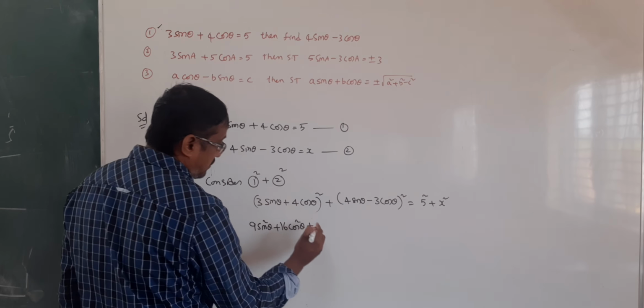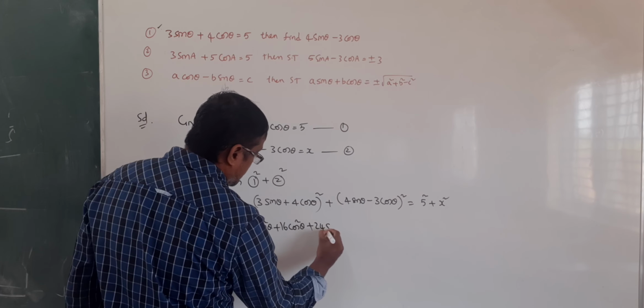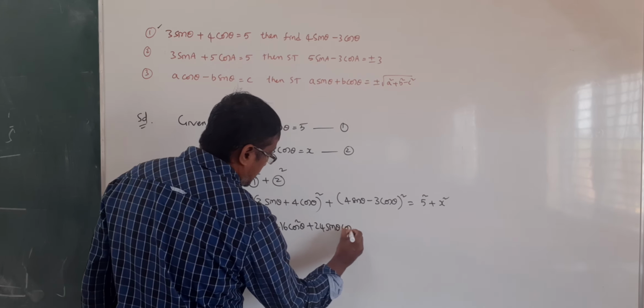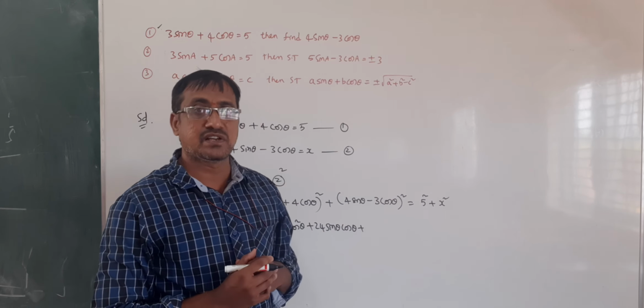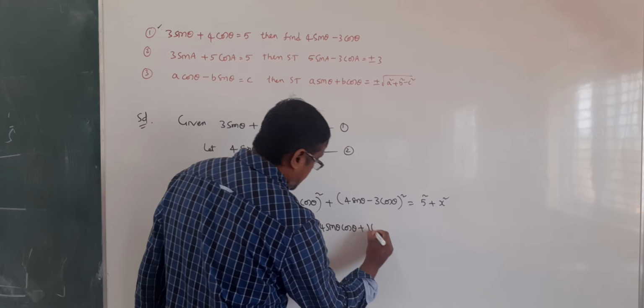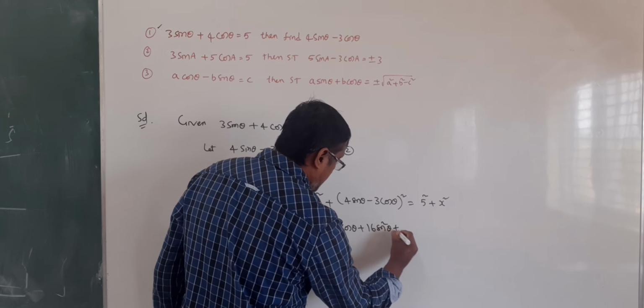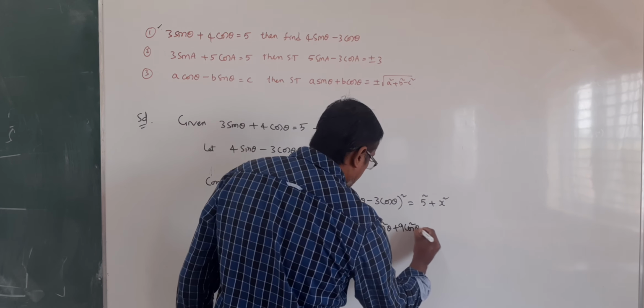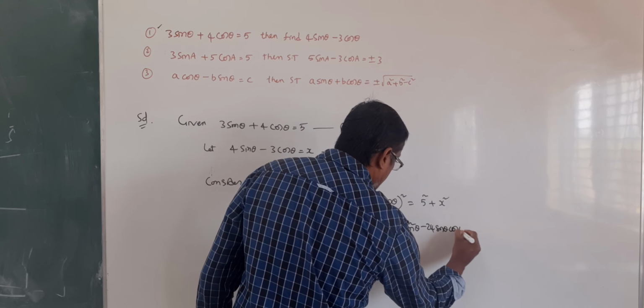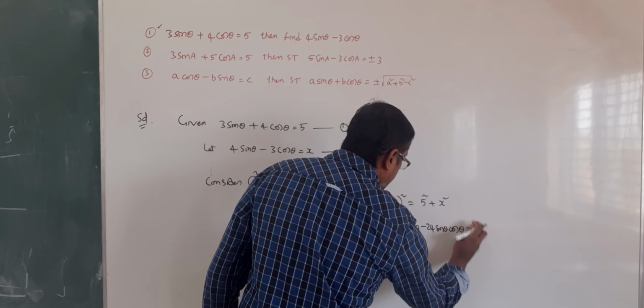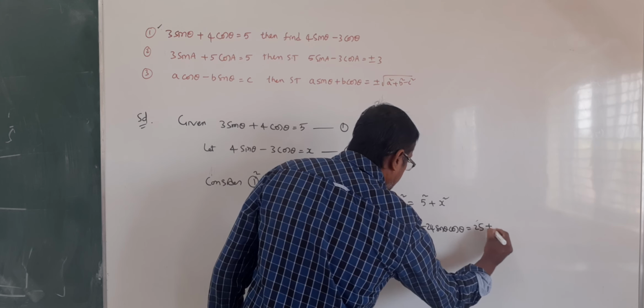2 into 3 into 4, that is 24 sin theta cos theta. Now here also it is (a minus b) whole square. So you will get 16 sin square theta plus 9 cos square theta minus 24 sin theta cos theta is equal to 5 square, that is 25, plus x square.